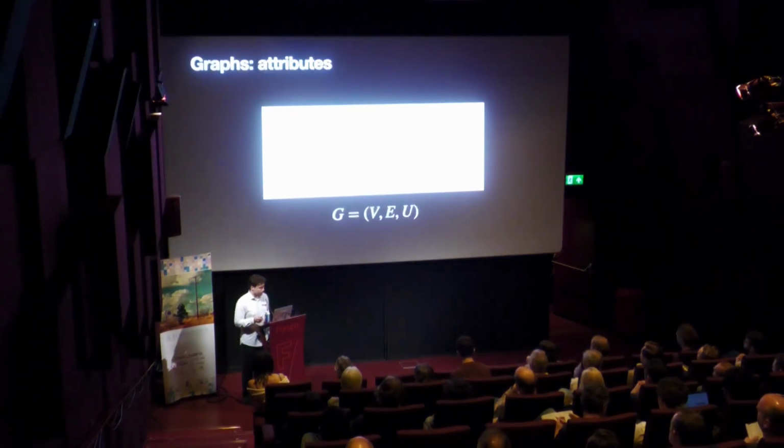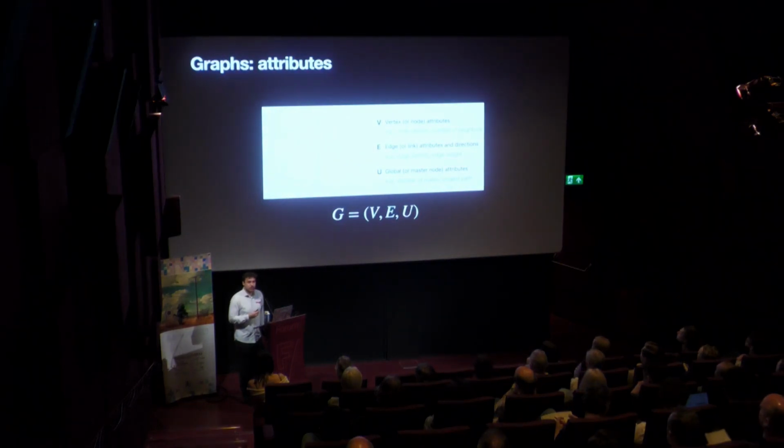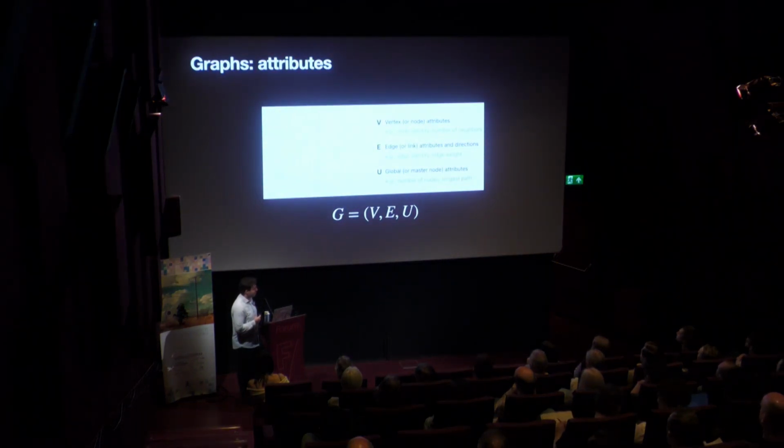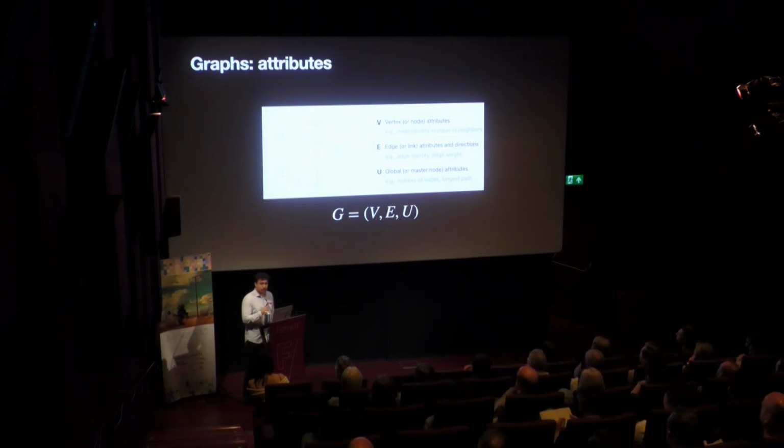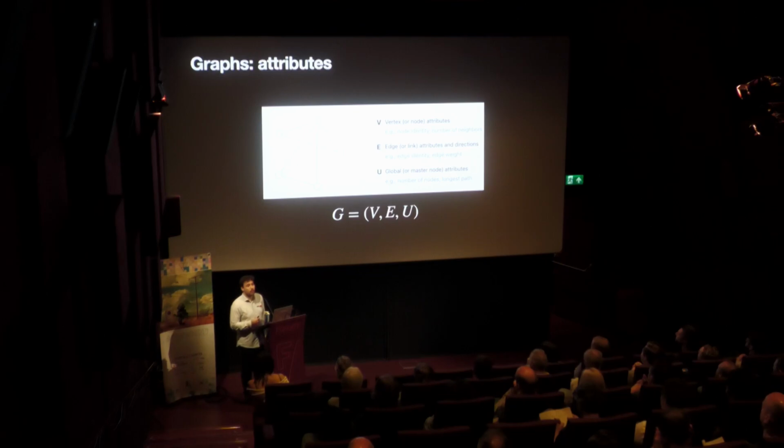So a graph has certain attributes and is defined by its vertices, edges, and some global attributes. A simple graph is defined on the left side, where the vertex or node can have attributes, so an identity or a number of neighbors, maybe the in degree or the out degree. These are terms that are used in graph theory.